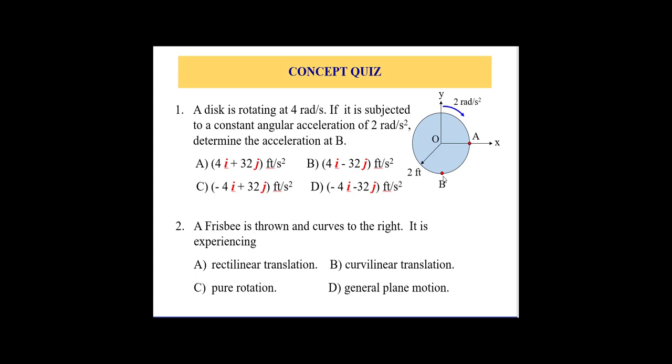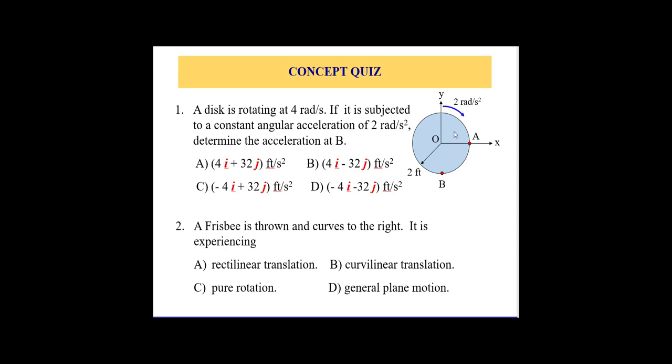The first component is tangent, going to the left. In magnitude, it's equal to 2 multiplied by the distance. The radius of this circle is 2, so it's going to be 4, going to the left, which is negative I. So it's negative 4I.